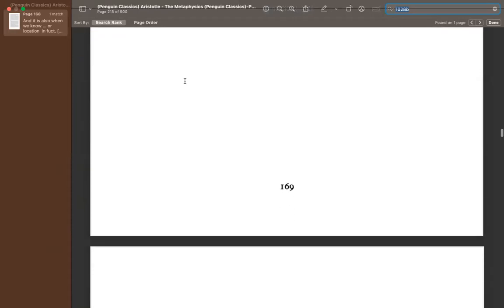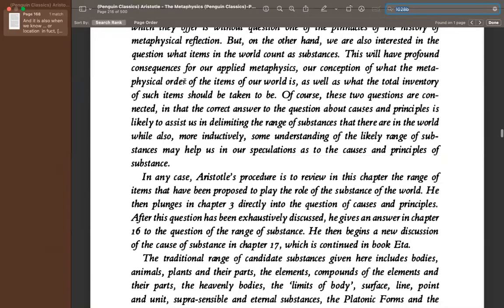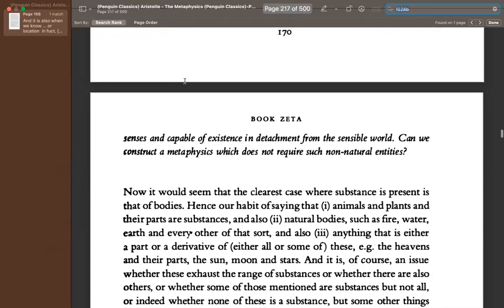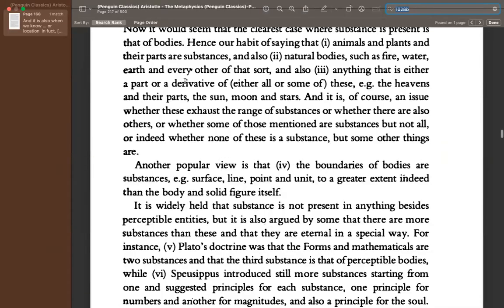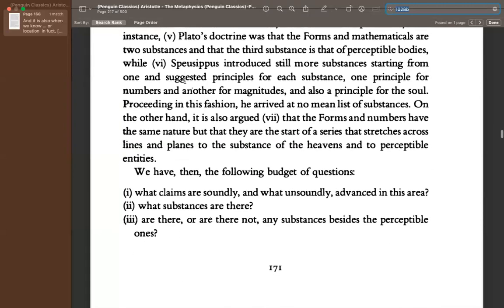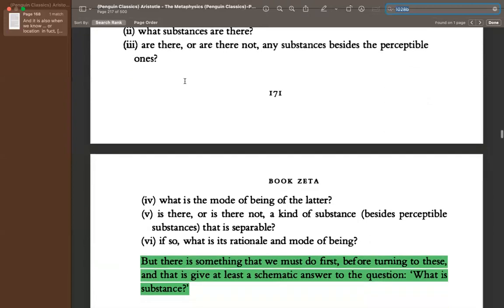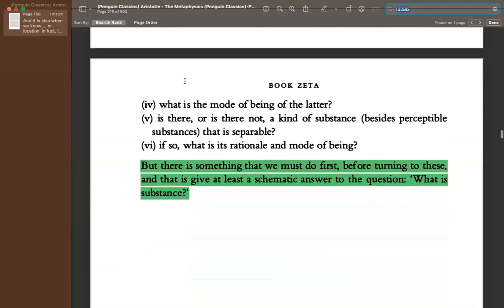A formal cause in Aristotle's first philosophy is an explanation offered in terms of definitions and species of things, the secondary substances that exist only insofar as they inhere in primary substances.